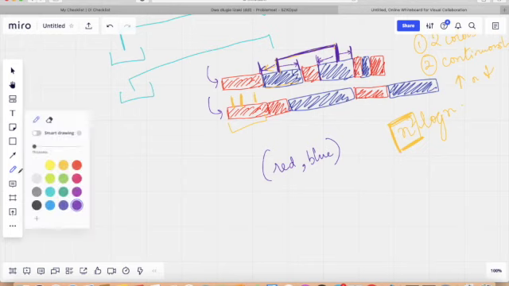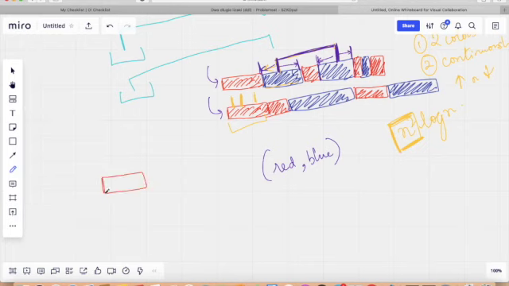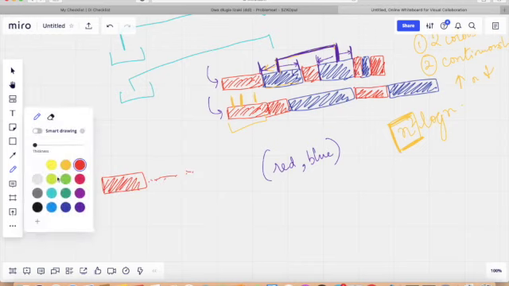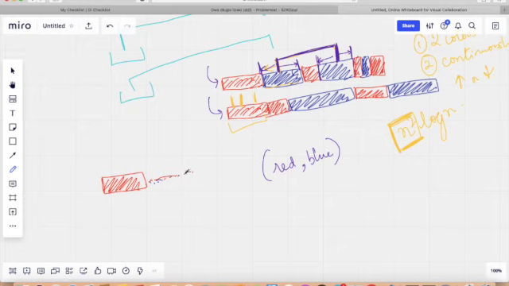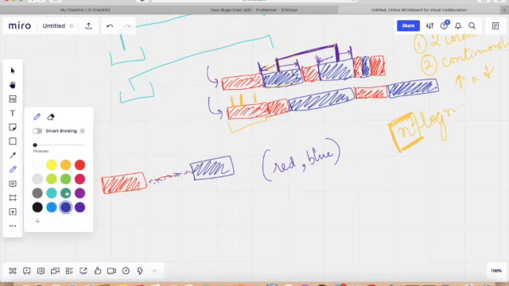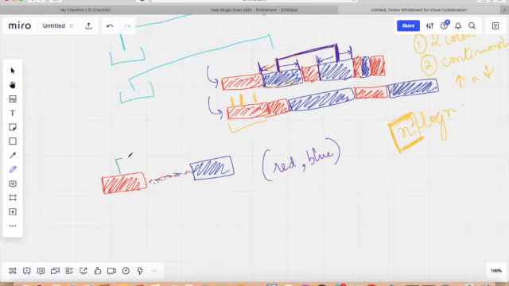But if we had a configuration like the following, and then there are some blue stuff here, there are some red stuff here, there are multiple segments in between, and then there is a blue thing here, and let's say our range that we were considering spanned like this, then we definitely know that the number of red items will be between some range L red comma R red, correct?